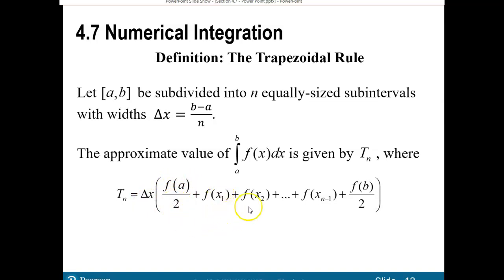Then we just find f of x1, f of x2, all the way up to the one right before the end. Plug those numbers into your function. And then we add on the endpoint f of b divided by 2. So the f of a and the f of b are divided by 2. Otherwise, you're just adding up all these numbers in the middle, finding that sum, and multiplying it by your delta x.